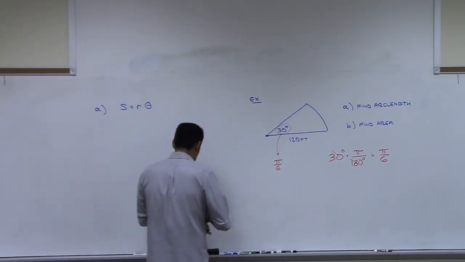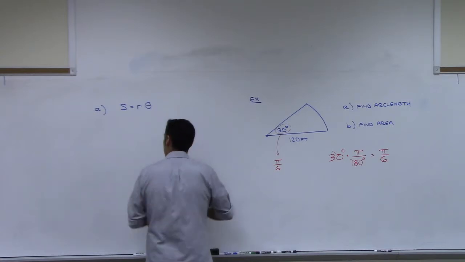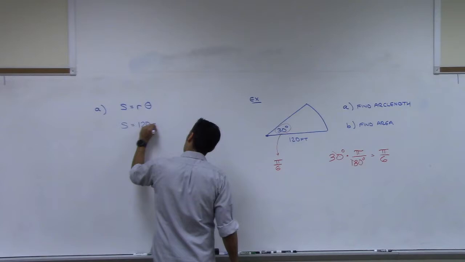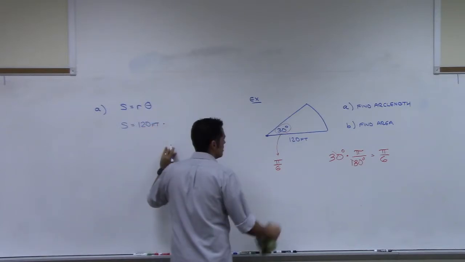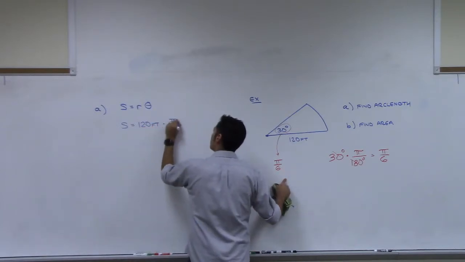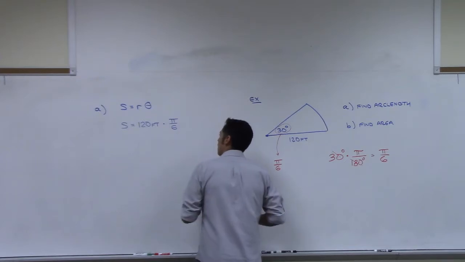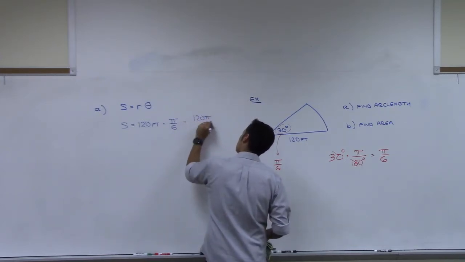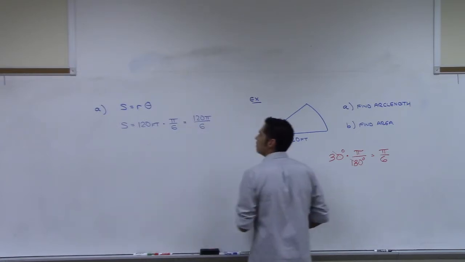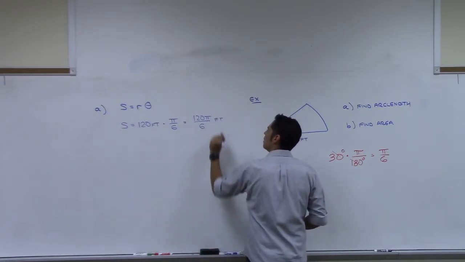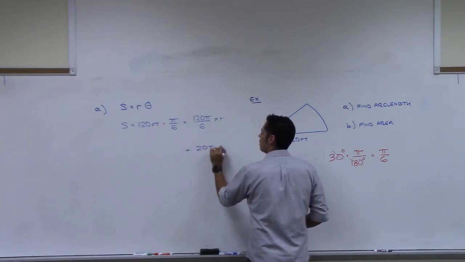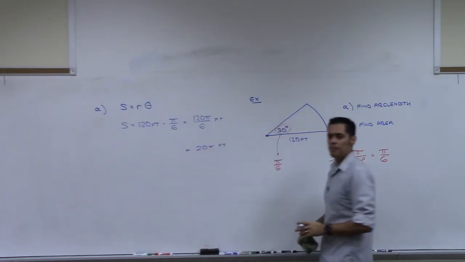All right, so we're there. S is going to be equal to the radius, which is 120 feet, times the angle, which is pi over 6. And that's the same as 120 pi divided by 6 feet, which is really just 20 pi feet, right?